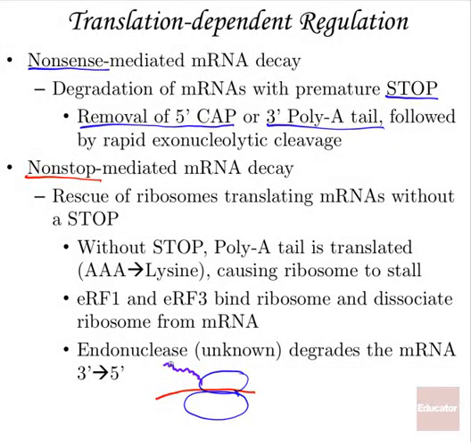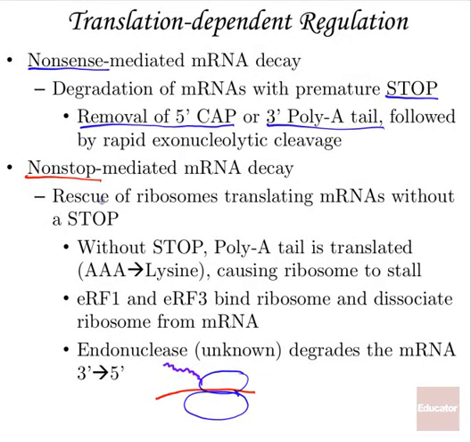Okay? And it's just stalled, and nothing can happen. You can't release the polypeptide, you can't separate the ribosome, which means you can't then translate a new mRNA. So, without that stop codon, the ribosome is stalled. You can't do anything. So we want to be able to fix that.